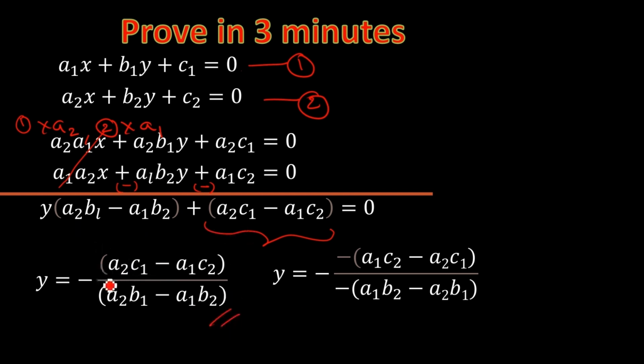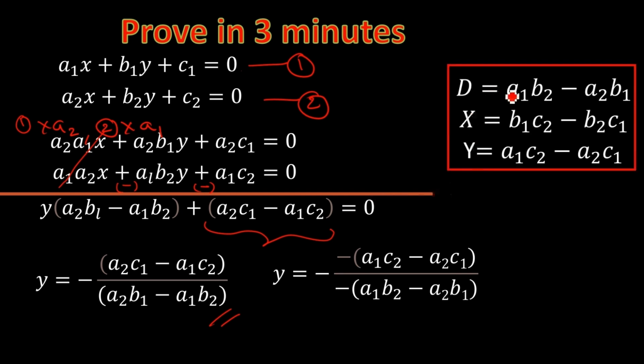Then we take a minus as common from the top and bottom, so that this will be reversed like a1 c2 minus a2 c1. The bottom also becomes a1 b2 minus a2 b1, so that this minus gets cancelled. We define some terms here: d, x and y.